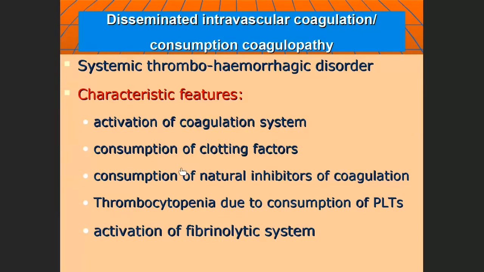And a reflex activation of the fibrinolytic system to limit the spread of fibrin clots. This is what happens in DIC. It starts by thrombosis with consumption of coagulation factors and platelets, and then it ends with bleeding.